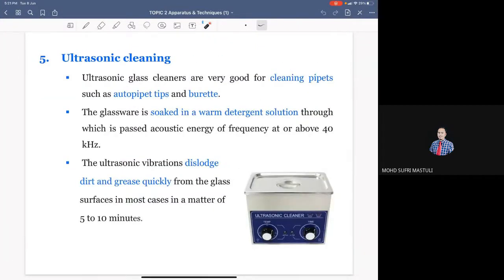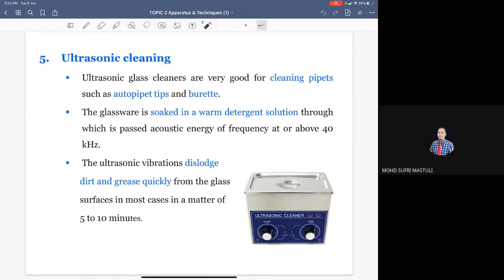Okay, another technique for cleaning glassware is ultrasonic cleaning. Ultrasonic glass cleaners are very good for cleaning pipettes, such as auto pipette tips, or the burette. We soak the glassware in the warm detergent solution, and then we apply acoustic energy at a frequency of at least 40 kilohertz.